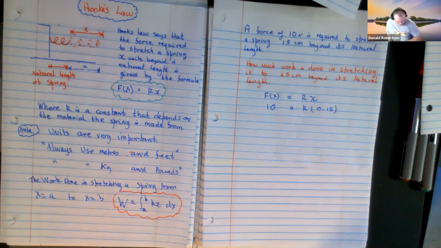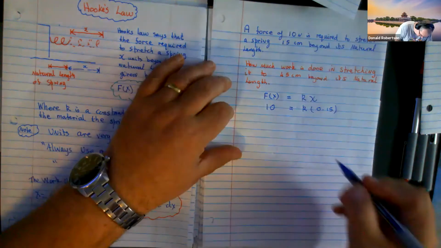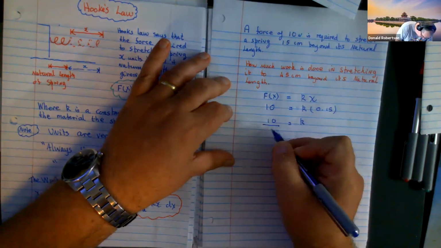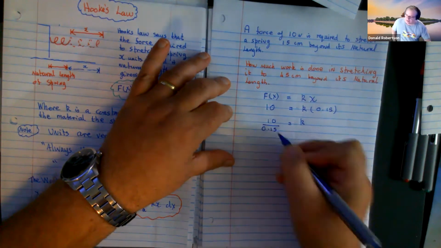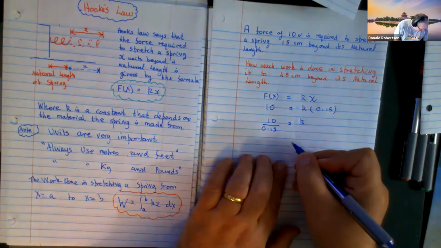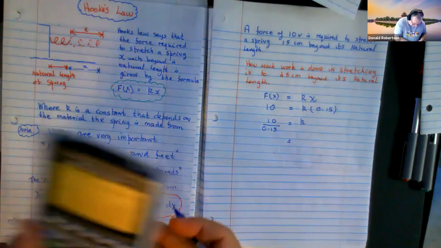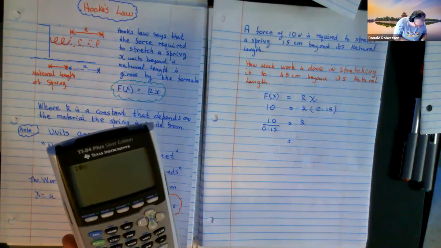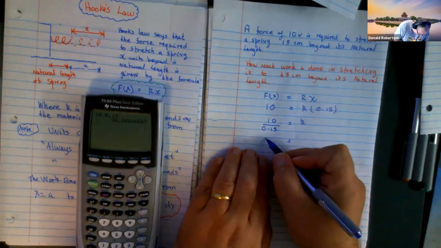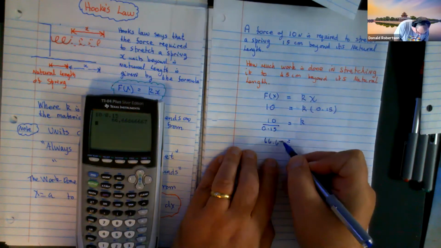So 15 centimeters is that. Now, if you want to find K, I think in this case, it's much clearer that you're dividing, right? And I'm going to have to round this off because typically you get ugly answers, because that's what real life is like. And it's about 66.67 to 2 decimal places.